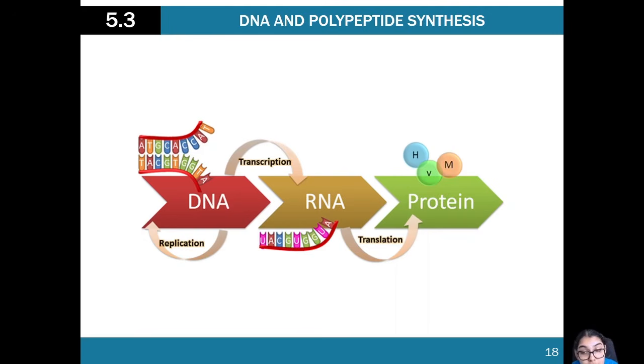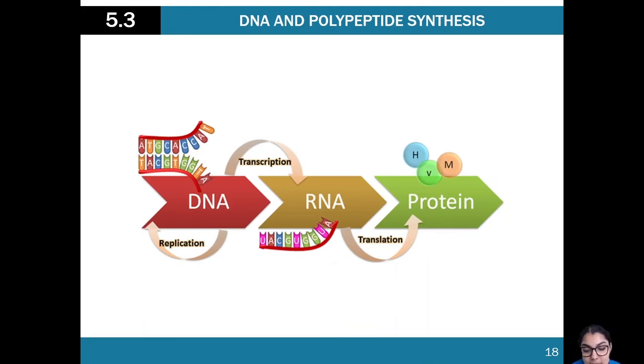Once that has occurred, DNA is important for our survival, and that's because one of the key things that DNA does is that it allows us to make the proteins that we need to survive. Most of the processes in our bodies require those proteins. The enzymes that we have are proteins, the hormones that we have are proteins. So proteins are really, really important.